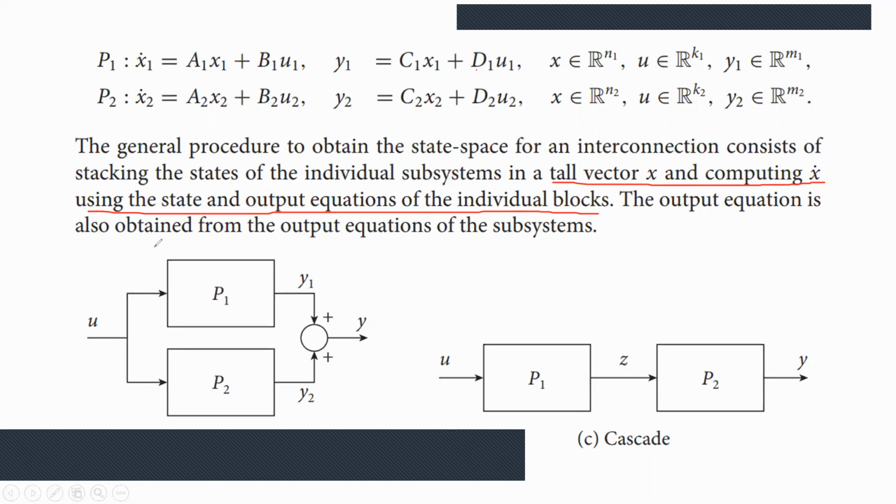The output equation is also obtained from the output equations of the subsystems. For example, y becomes y1 plus y2, and similarly y1 becomes u2 in the cascade case, coming from the previous block, and then we can find y2.